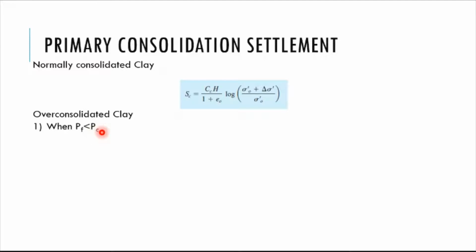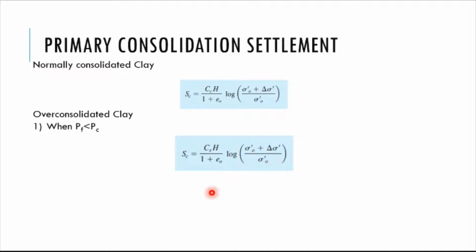And P sub C is the pre-consolidation stress or the pre-consolidation pressure. If this is the case, S sub C is equal to C sub S, or the swell index, multiplied by H over 1 plus the initial void ratio of the soil, logarithm of the overburden pressure plus the change in stress over the overburden pressure.